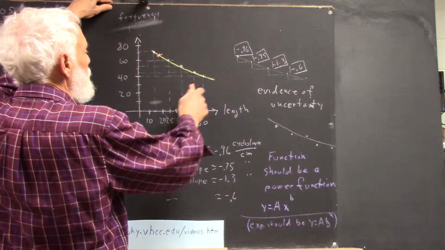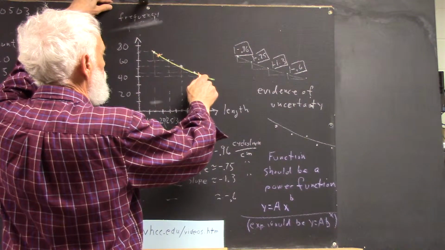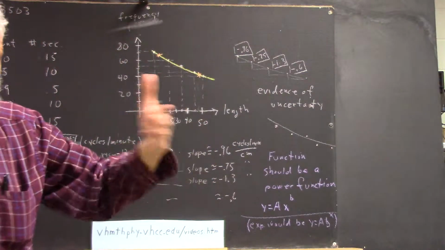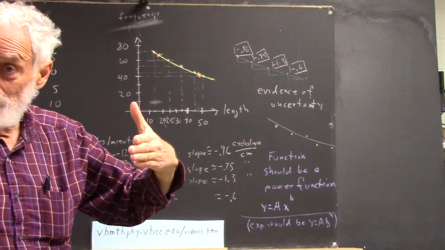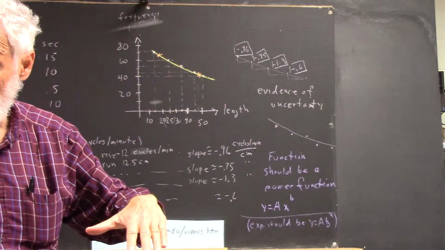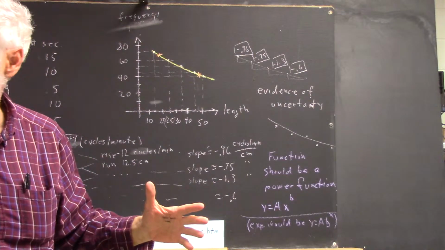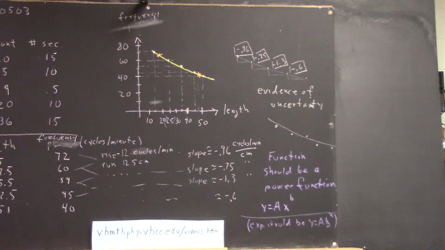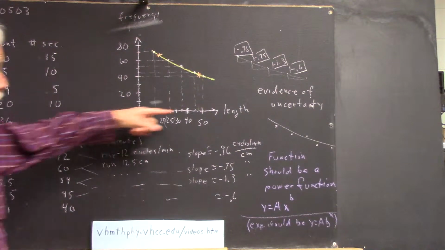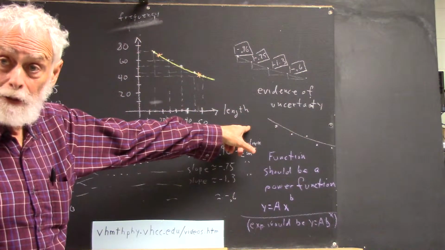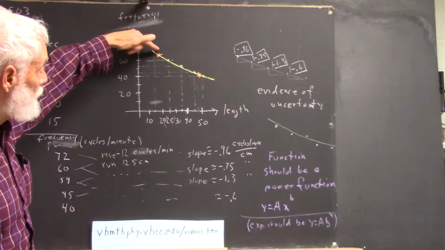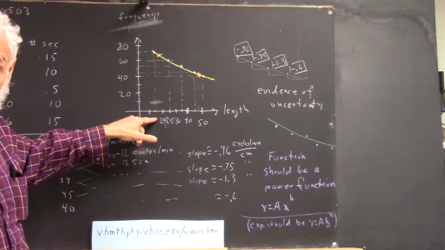And we don't use data points. We use points on our curve because our data points tend to have errors. They're too far to the right or left, too far up or down. There's always something wrong. For example, I estimated the lengths to the nearest half centimeter, so any one of these points could be half a centimeter to the right or left on this scale.